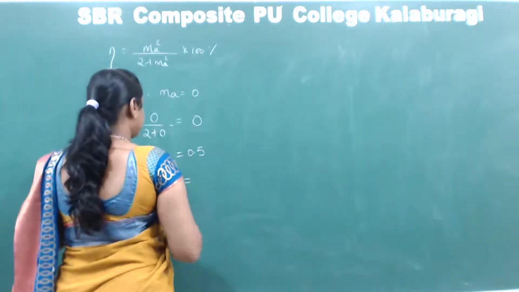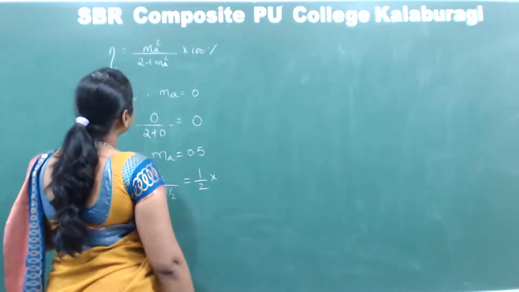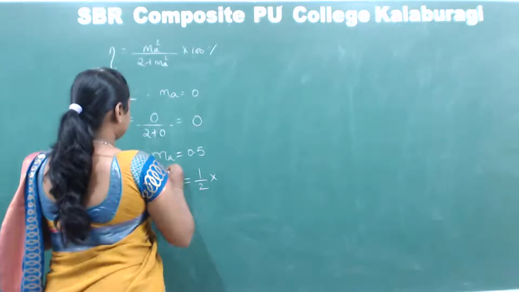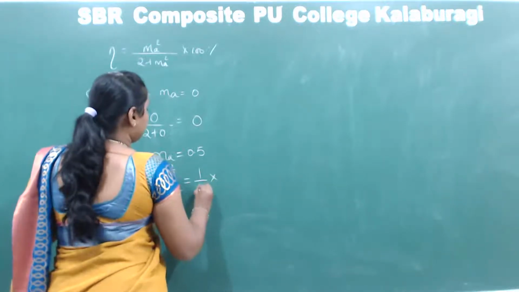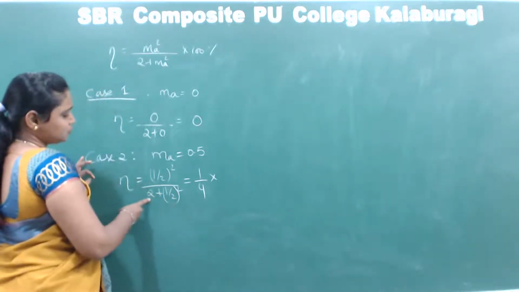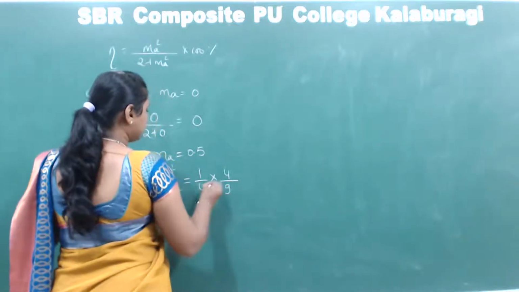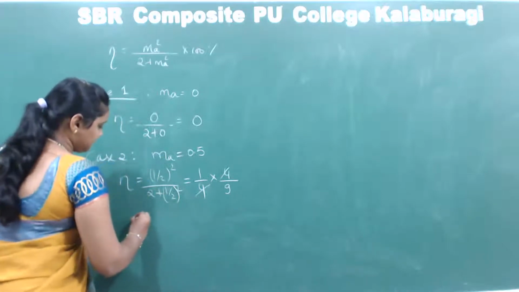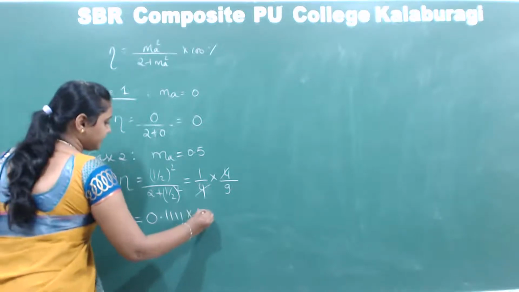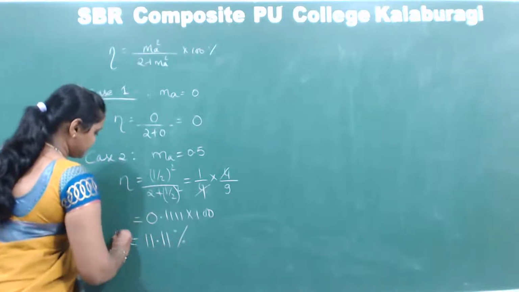This can be written as 1 by 2 into MA square, this is also MA square. 1 by 4 into 4, into 2 is 8, plus 1. This is going to be 1 by 9, which is nothing but 0.1111, equal to 11.11% of efficiency.